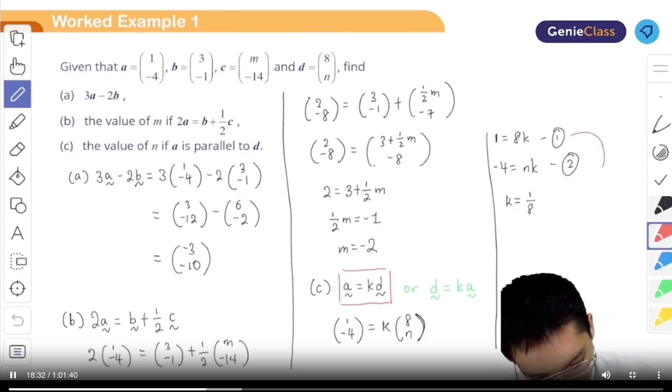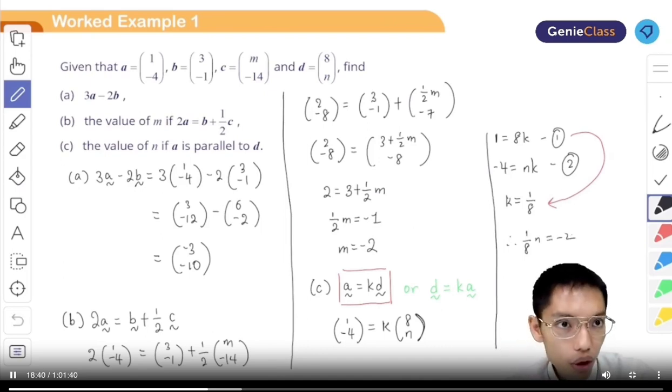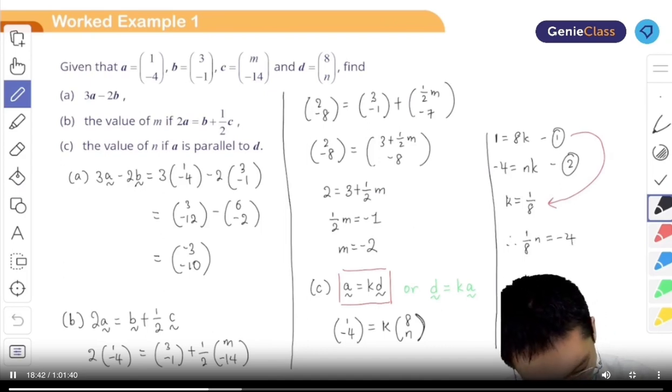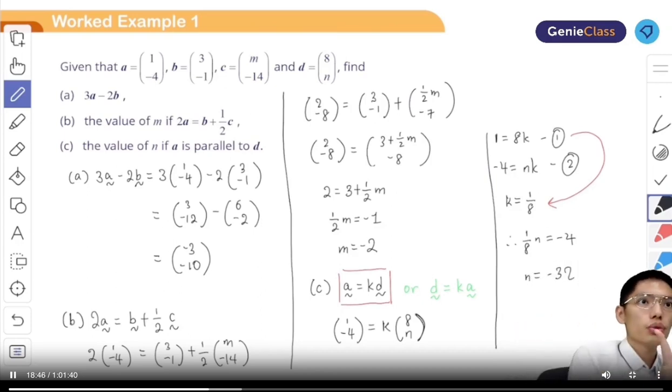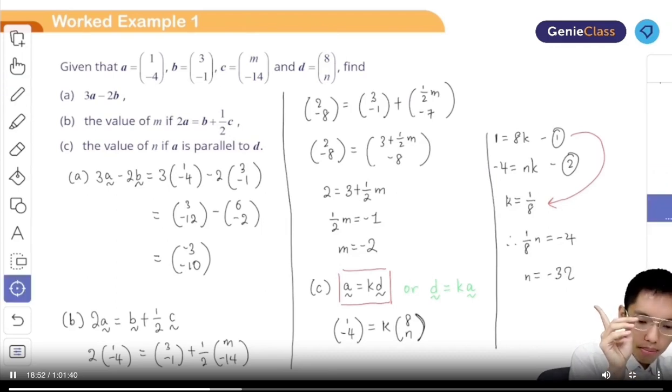Once you have this, my second equation becomes 1 over 8 times n is equal to minus 4, and therefore n is equal to minus 32. That's how we solve such questions, starting from the statement where the 2 vectors are parallel. If you solve it the other way, you will still get the same answer.